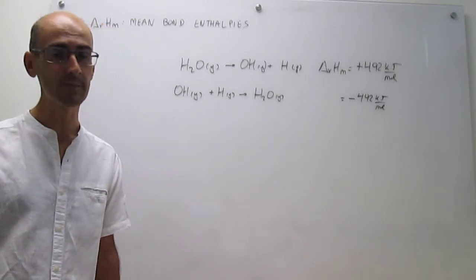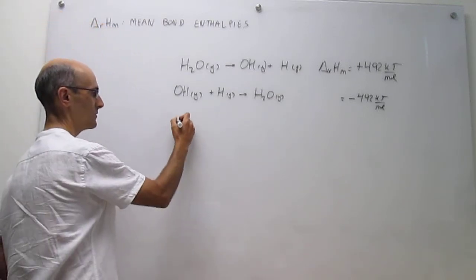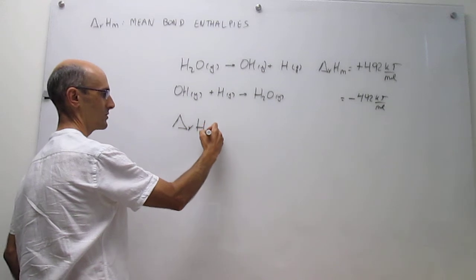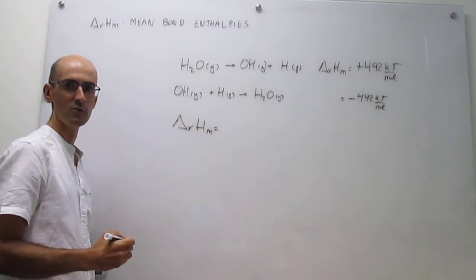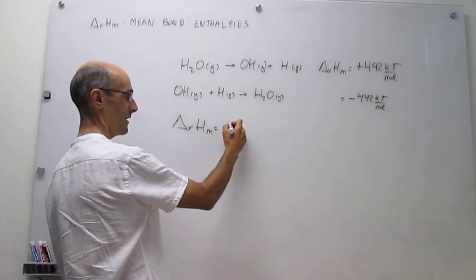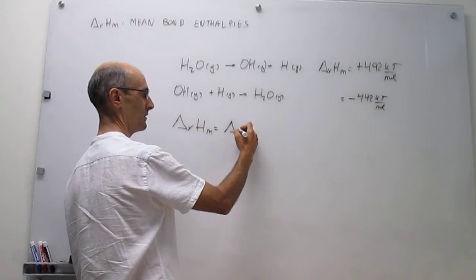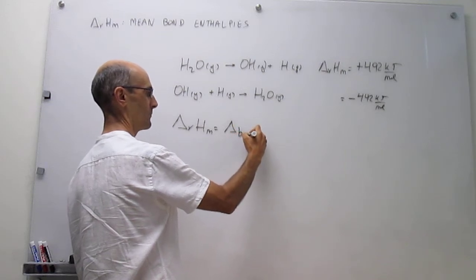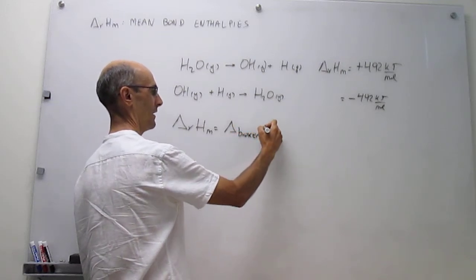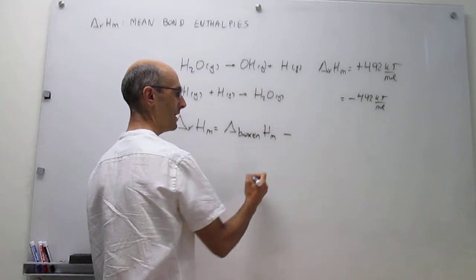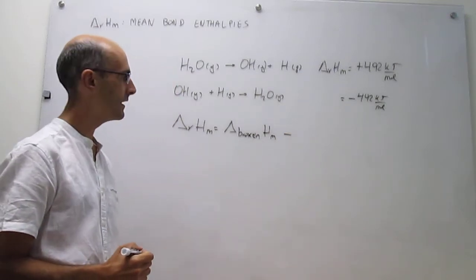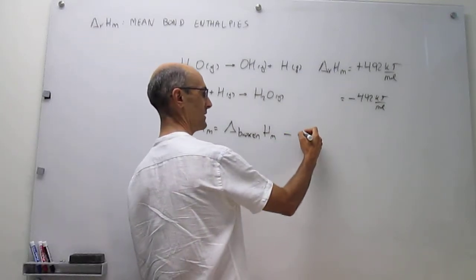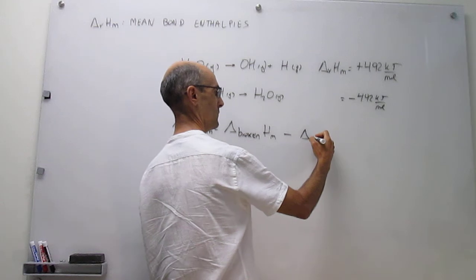And it really is. Alright, so again, the equation to use here would be that the enthalpy of a reaction is going to be the enthalpy that you have to supply in order to break the bonds, which I can simply write as the enthalpy of the broken bonds, Delta H_m, minus the enthalpy that is released when you form the bonds.